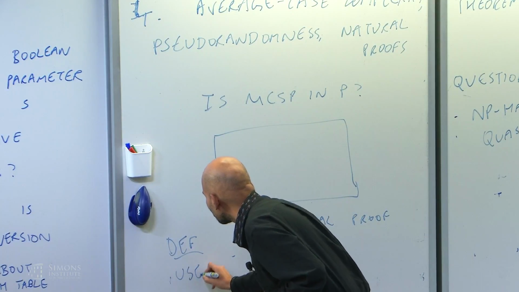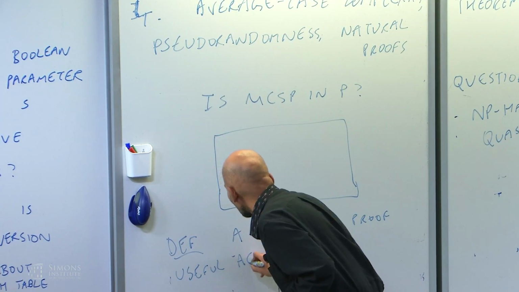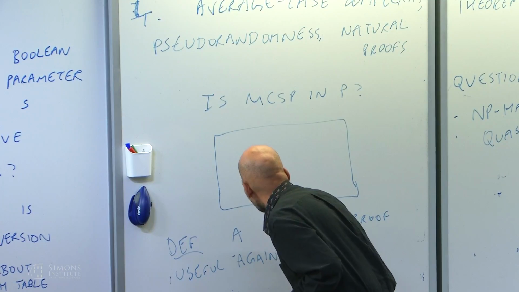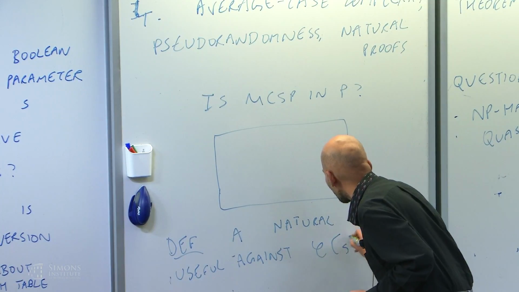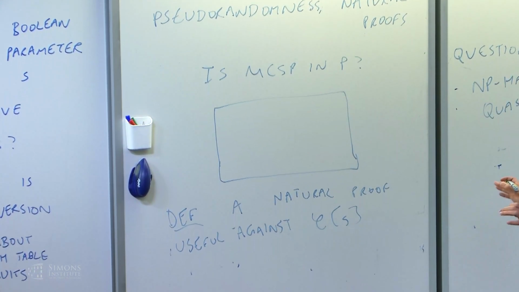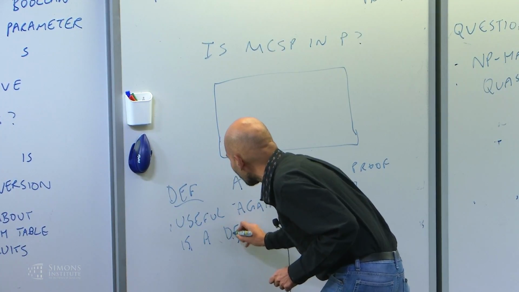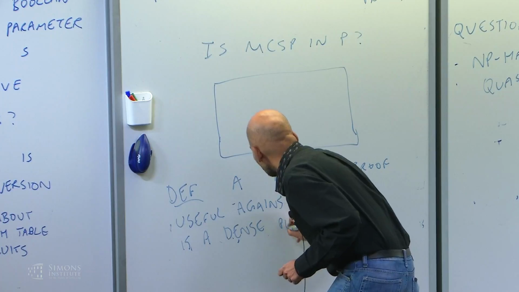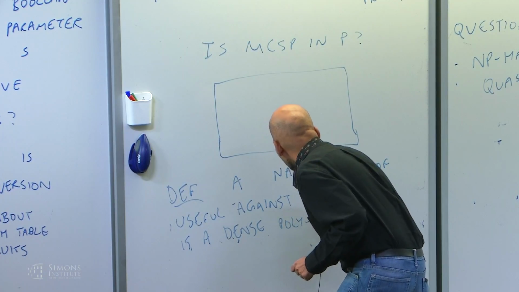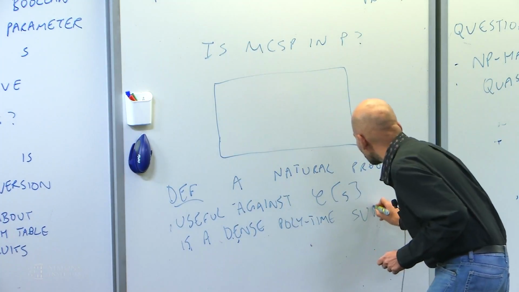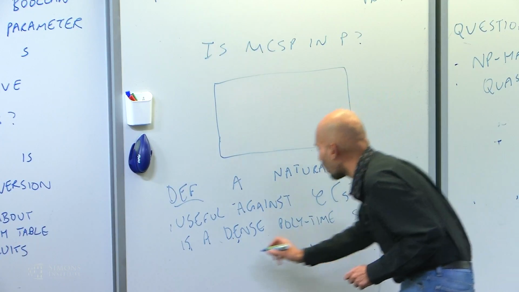Let's say we have a class of circuits C, and we have a size parameter S. A natural proof useful against C of S is just a dense polynomial time subset of the hard functions.